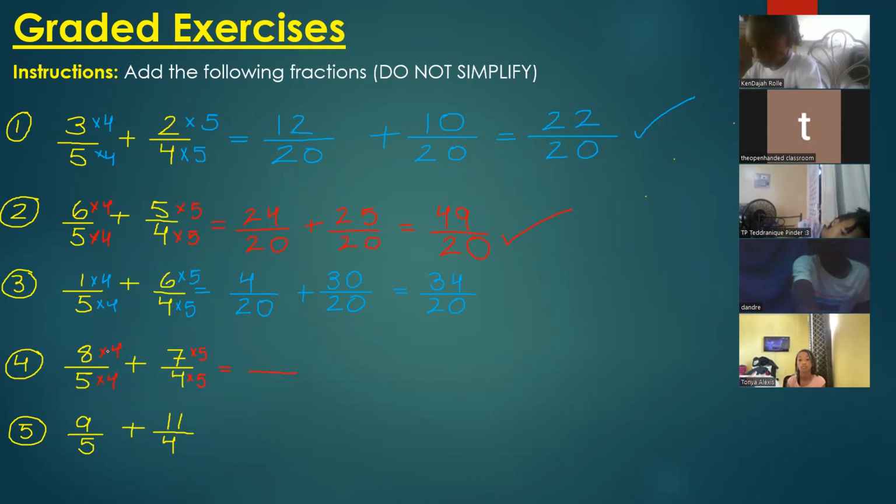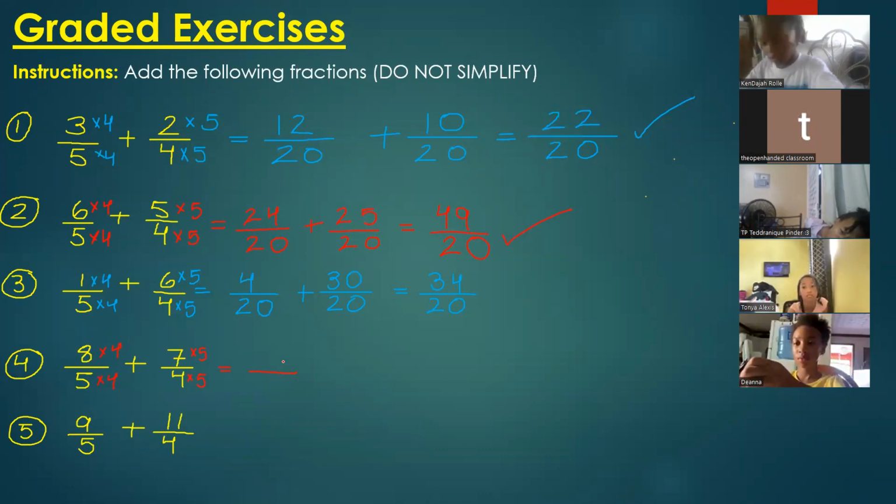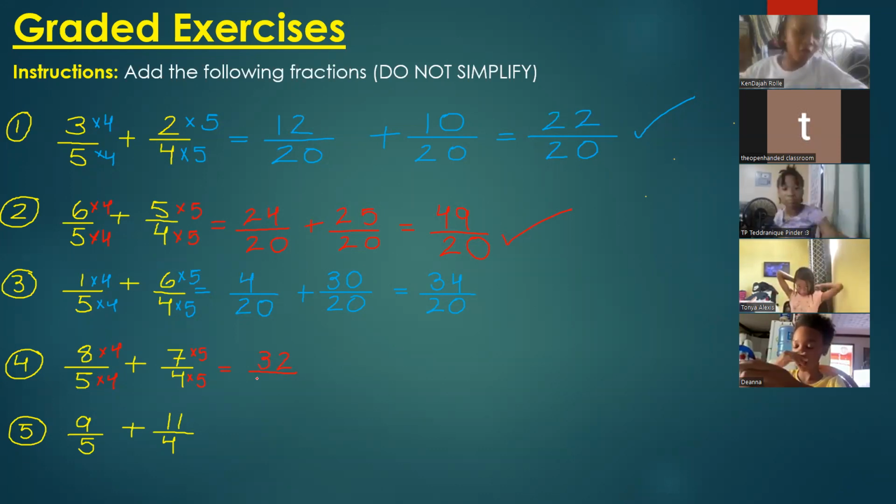Let's start with 8 times 4. 8, 16, 8 times 4 equals 32. That's correct. And 5 times 4 is what? 5 times 4 equals 20.